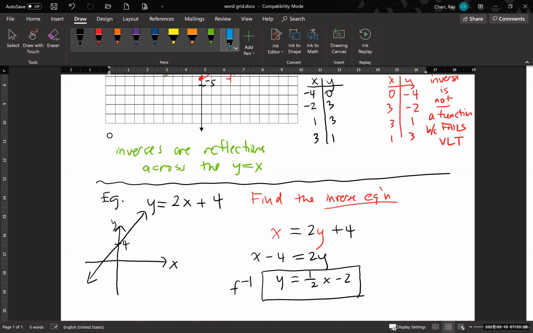Now let me just show you what this looks like in terms of the graph. The slope of the line is 1 over 2, so it rises 1, runs 2, and it has a y-intercept of negative 2. Now where's negative 2? So maybe negative 2 is down here, and it looks something like this. And this is the inverse equation.